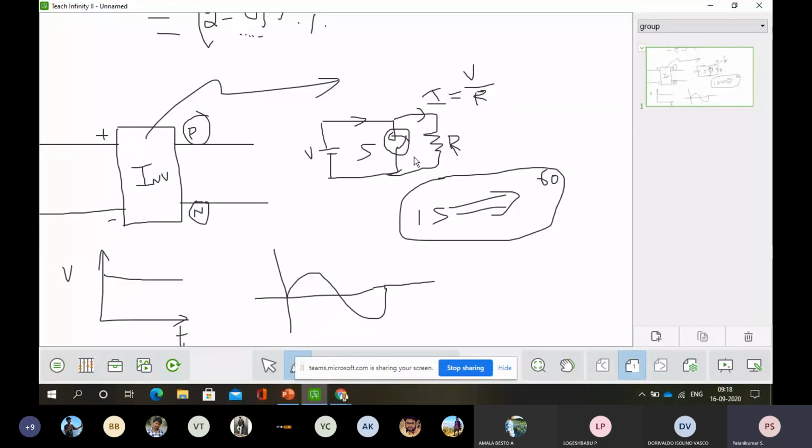Earlier it was open, now it is R, full resistance. If I keep on increasing the switching, we get an effective resistance, which will be between 0 and R.